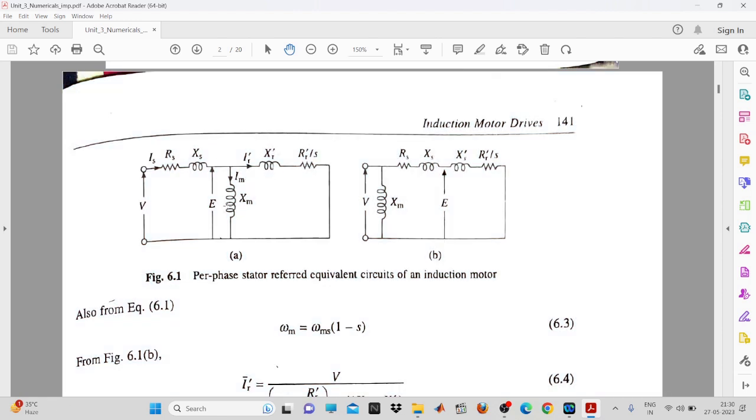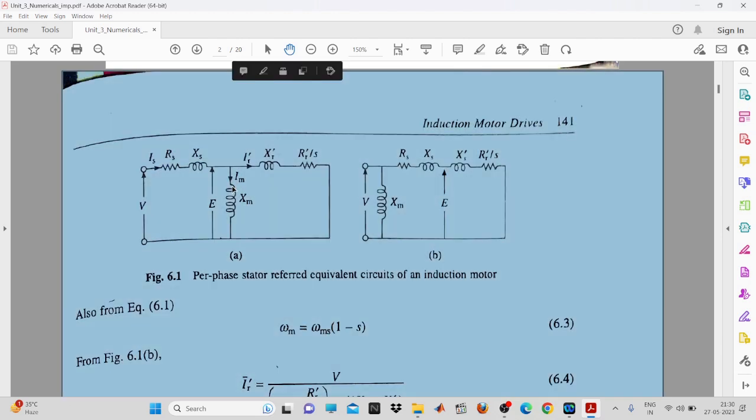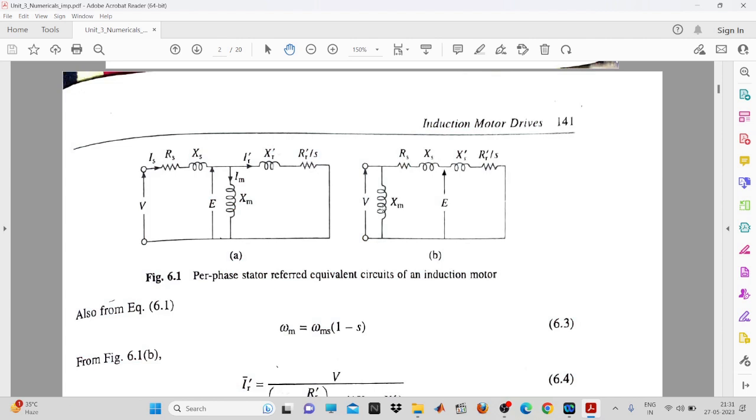Now, this air gap, as you know, the reluctance of the air gap is very, very high as compared to the iron path. So when the reluctance is high, it means you can shift this magnetizing part or this air gap part onto this side, because that is required for the simplification purpose, nothing else.